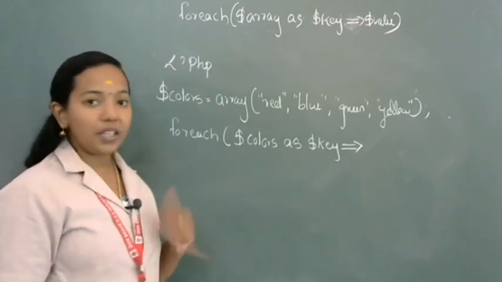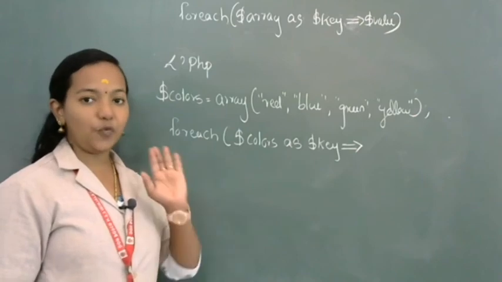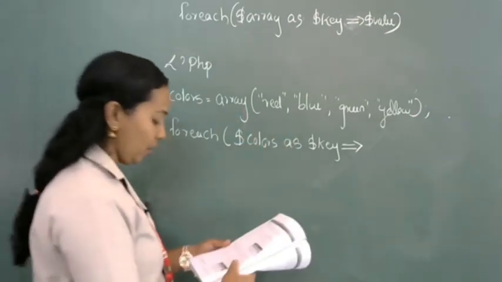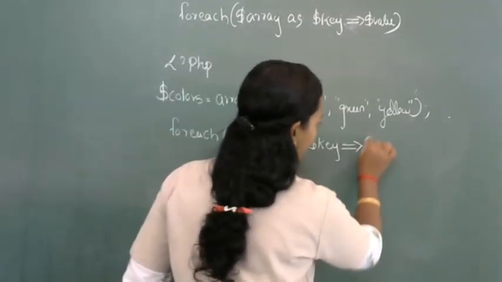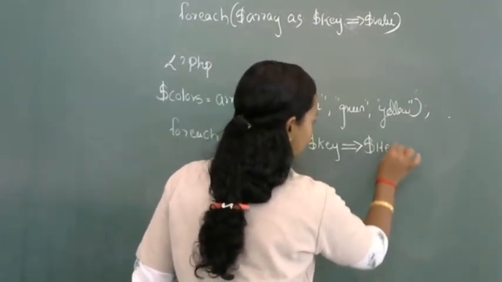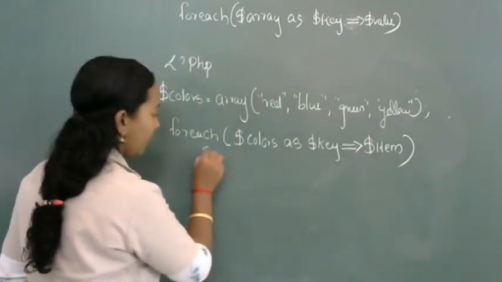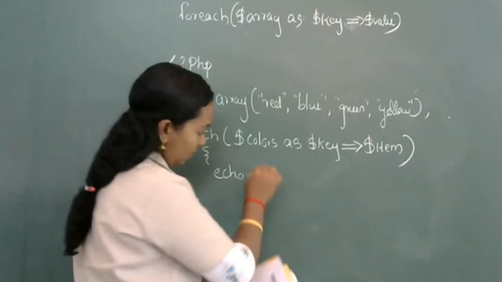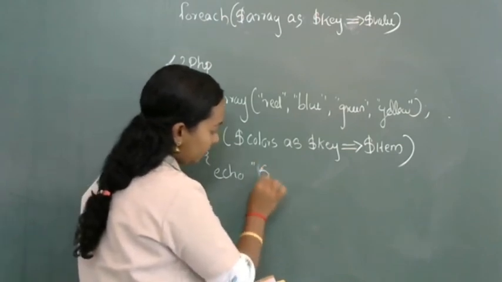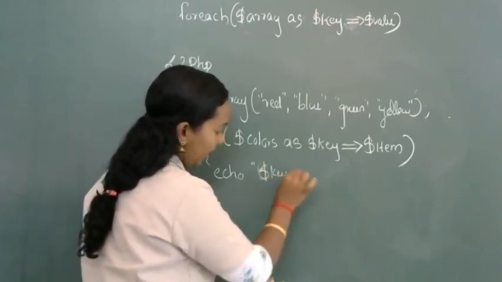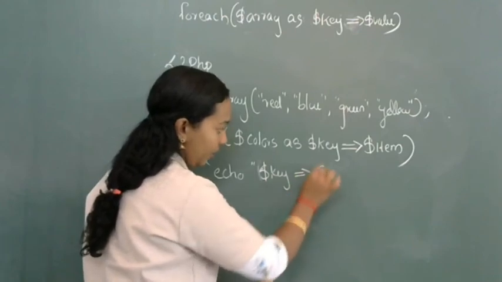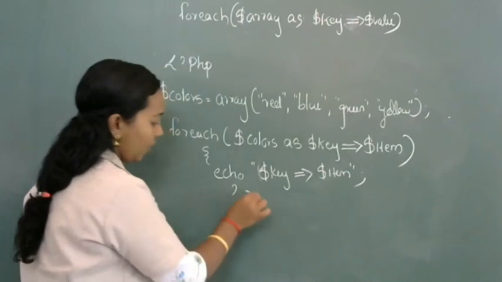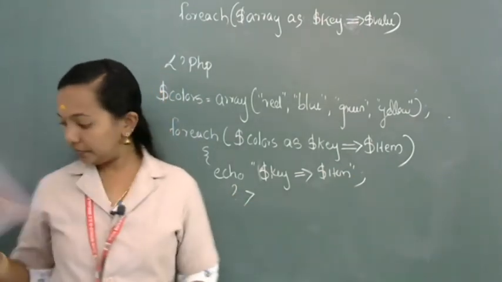Instead of value, here I am going to mention item. Which items are we mentioning here? Red, blue, green and also yellow, $item. Then open the bracket, echo $key - $item; semicolon, close the PHP tag.